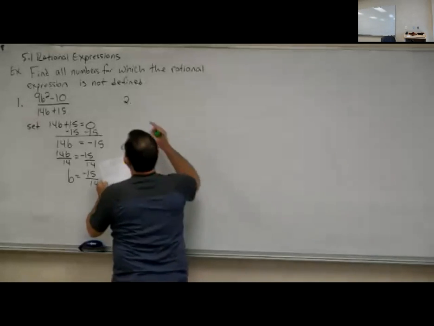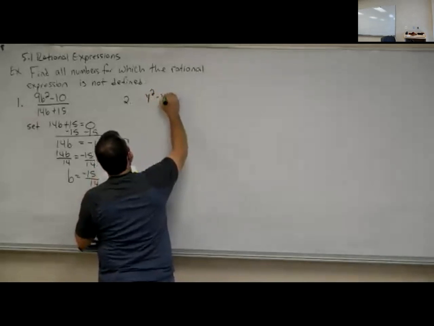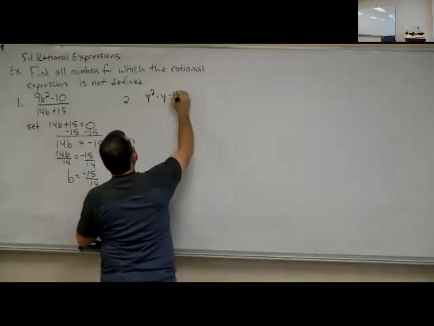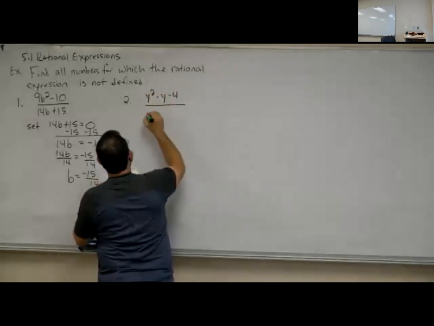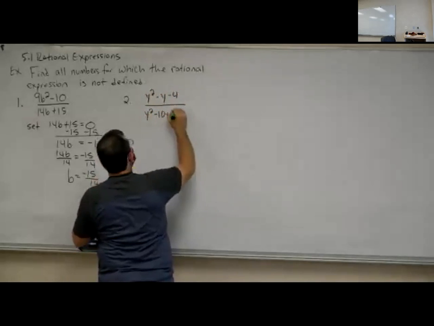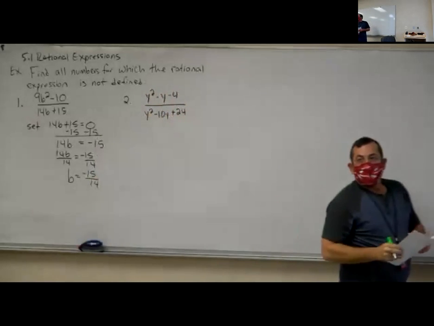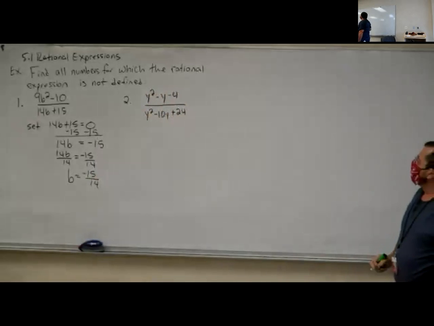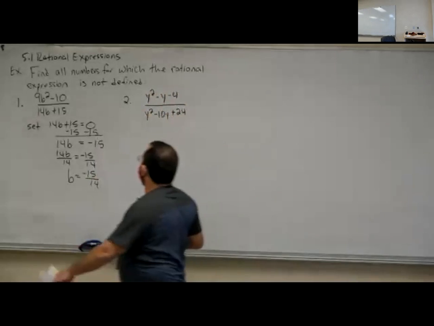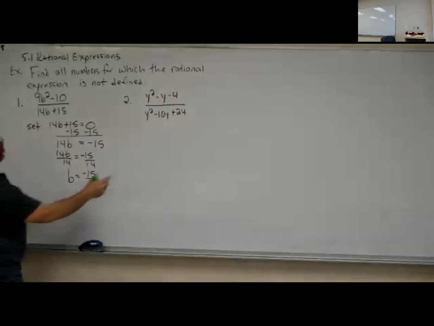All right, so number 2 is doing the same thing. I've got y squared minus y minus 4 all over y squared minus 10y plus 24. On this one, same problem.